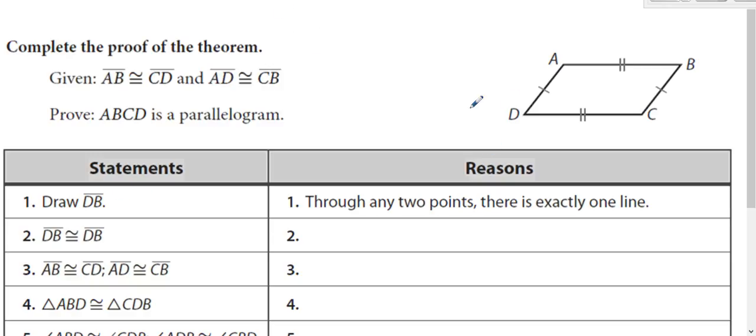So first we're going to draw DB, because you can draw a line through any two points. And of course, DB is congruent to itself. That's called the reflexive property.